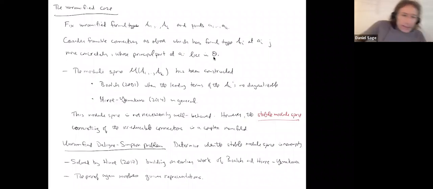Okay, so this has been studied going back to Boalch, which is actually earlier than Crawley-Boevey's work. So Boalch constructed this moduli space only under the conditions when all the leading terms of the A_i are diagonalizable.